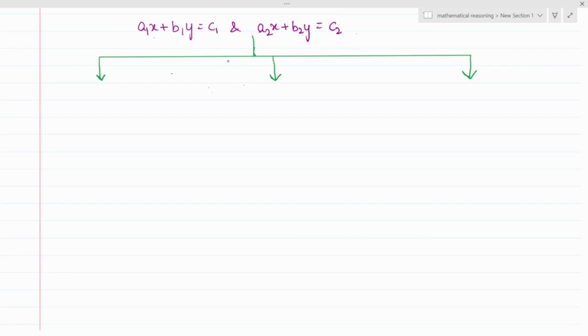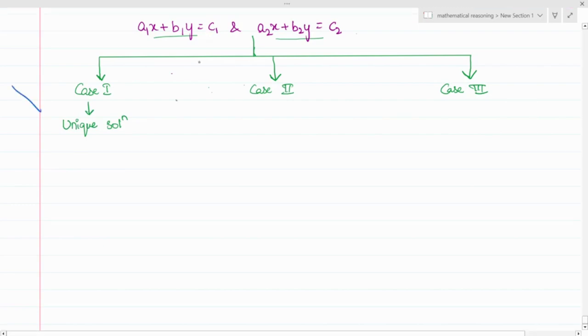Here, when we have two equations, we will get three different cases: case 1, case 2 and case 3. Case 1 is when we have a unique solution. What happens at the time of a unique solution? Two lines will intersect at a single point and give a unique point, called a unique solution. Here the slopes of the two equations are not equal.